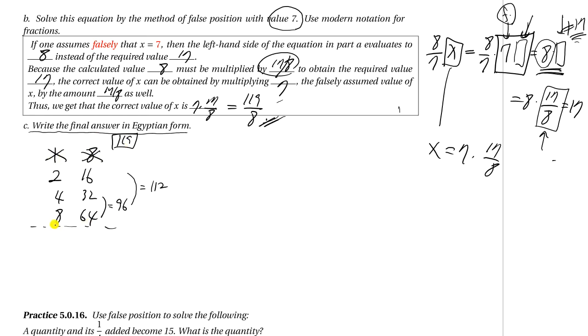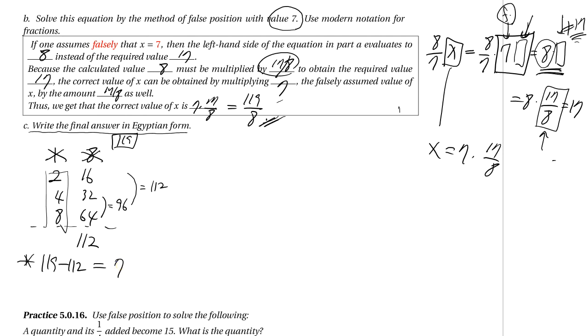So altogether, it becomes 112, right? That's our entire sum, and that is 14, right? Okay, so when you have 119 minus 112, then it becomes 7, right?